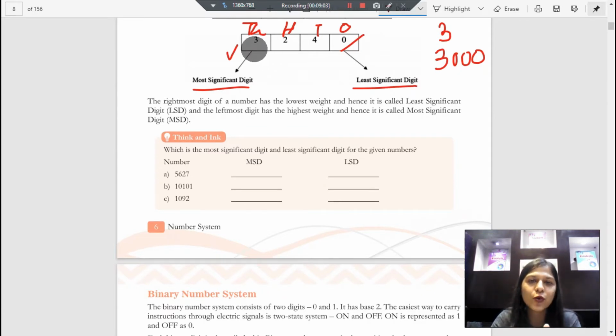Which number will have more value? 3000, or 200, or 40? If you compare 3 and 2, which is more significant, 3000 or 200? Of course 3000 is more significant, right? And if you look here, 2 and 4, which is more significant, 200 or 40? So with that, let's proceed to the next thing.